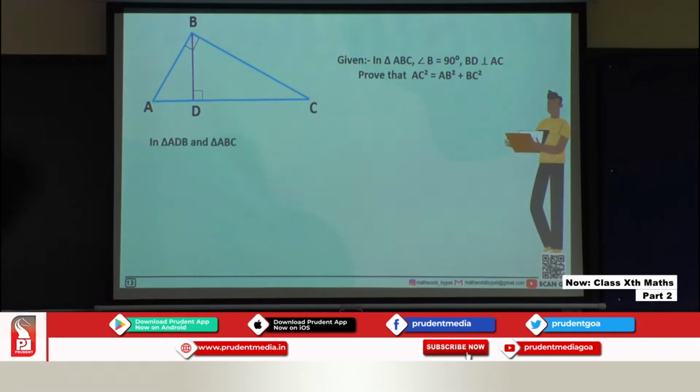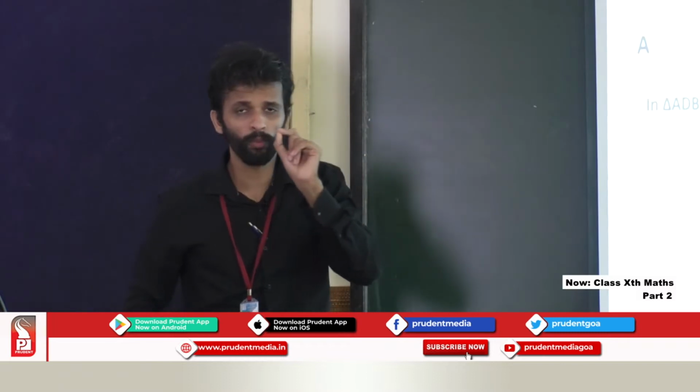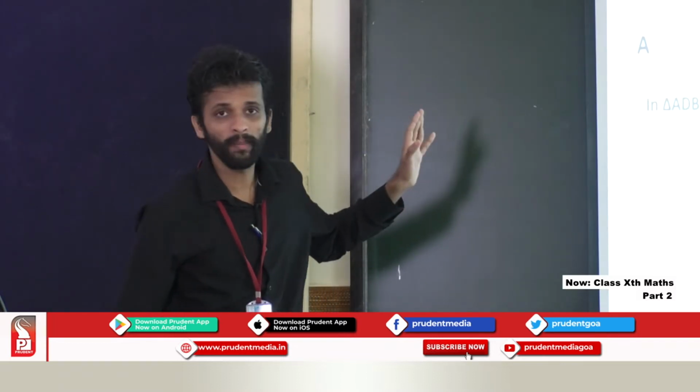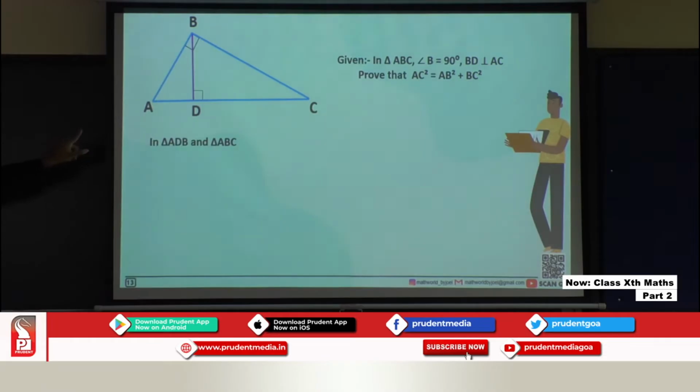In these two triangles ADB and ABC, again if you very carefully observe how I am naming them: I started with A, then I went to the angle which was perpendicular, that is D, and then to the other angle, that is B, for the smaller triangle.